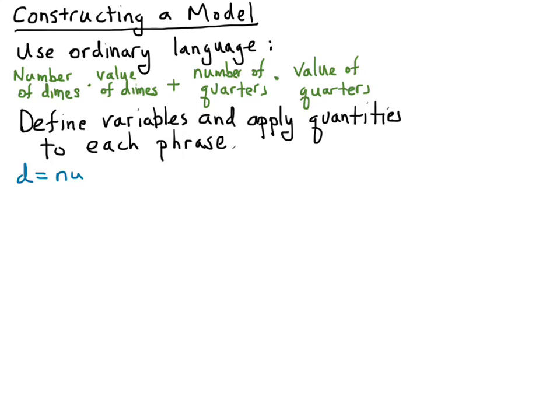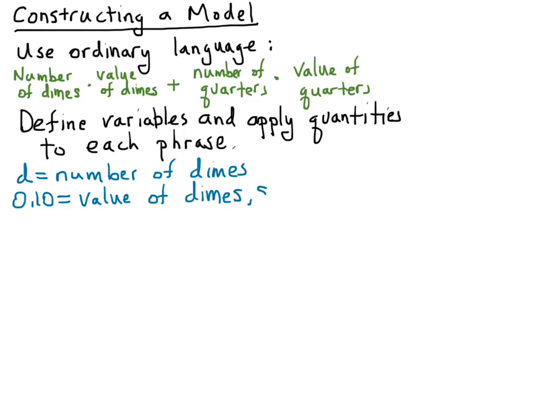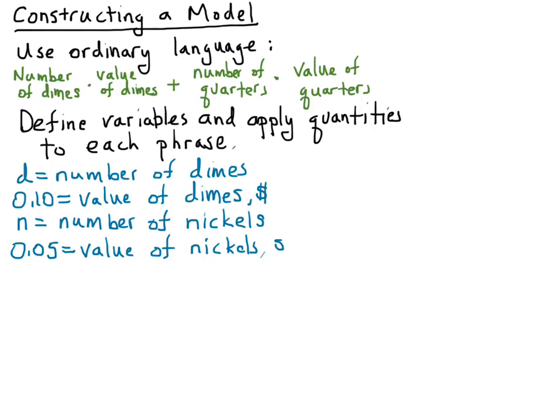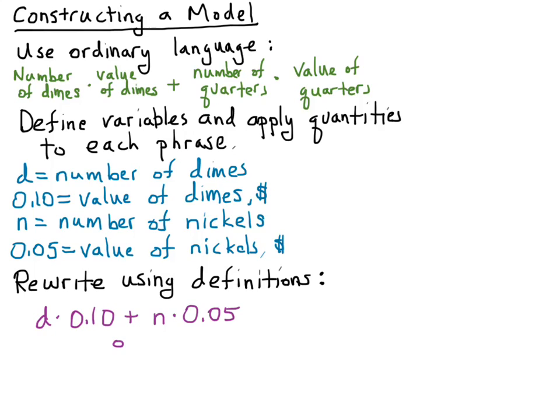So I'll say D is the number of dimes, 0.1 is the value of dimes in dollars, N is the number of nickels. Did I say quarters up top? Look at that. I'm mixing dimes and nickels here. That model should have been nickels, or the variable should have been quarters, but I think you get my point here. And so then you rewrite your model using the definitions you've just made.